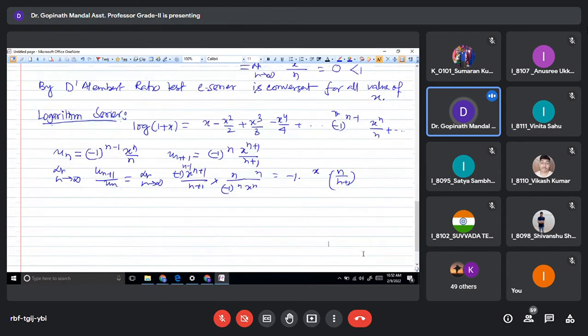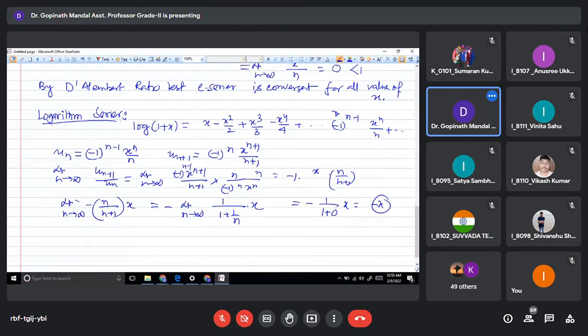Now take the limit. So limit n tending to infinity n by n plus 1, minus of this is equal to minus of limit n tending to infinity 1 by 1 plus 1 by n, into x. So the actual limit is minus x.